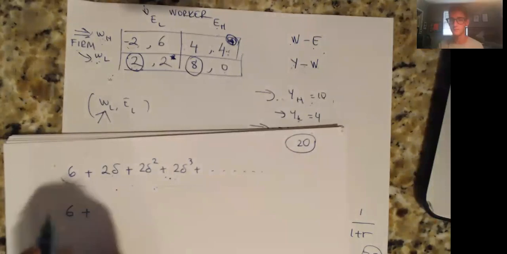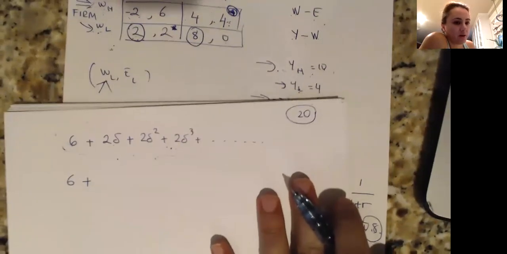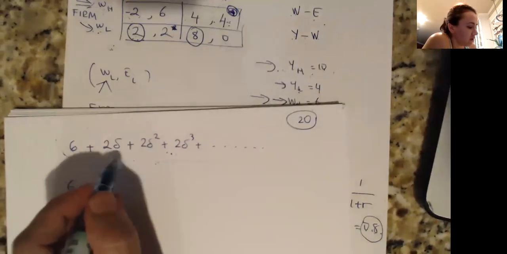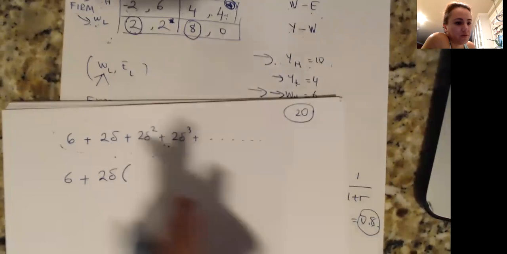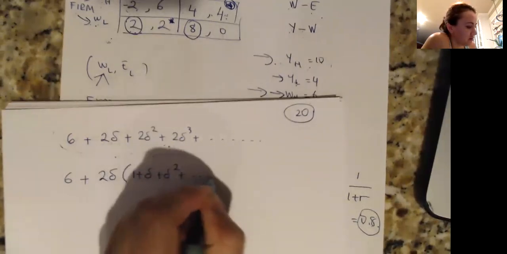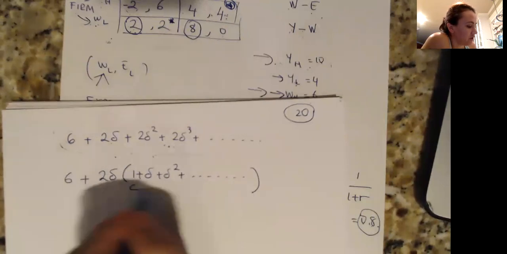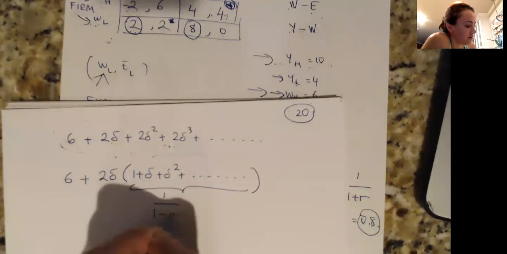So let's solve this. Again, I need to use the same trick that I used. I have 6 plus 2 delta plus blah, blah, blah, blah. So I'm going to take this whole thing into a parenthesis of 2 delta, which gives me the nice expression of 1 divided by 1 minus delta.